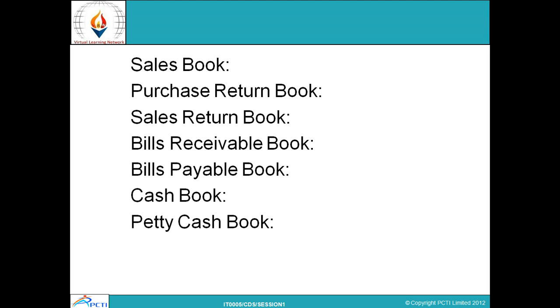So sales return book is opened for the purpose of recording the return of goods sold on credit. Here what happens, a credit note is prepared to show that the customer or the debtor's account is credited to the extent of the value of goods returned by them to us, and goods are received from the customer and a credit note is sent to them.